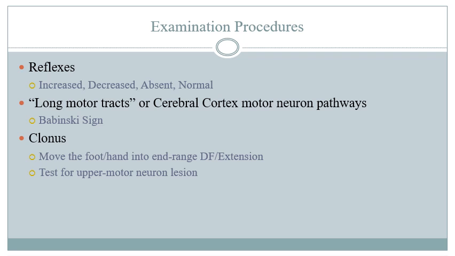There shouldn't be any added movement. In a person with an upper motor neuron lesion, they would rapidly oscillate their foot on their own after you've done that. So it's added motion that occurs with the clonus test. These two tests, this and the Babinski sign, look at upper motor neuron lesions, whereas your reflexes look at the lower motor neurons.